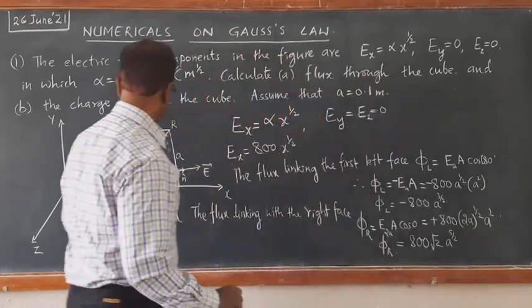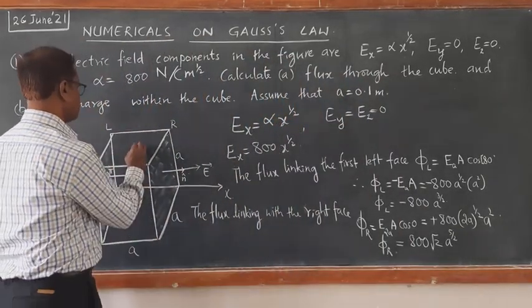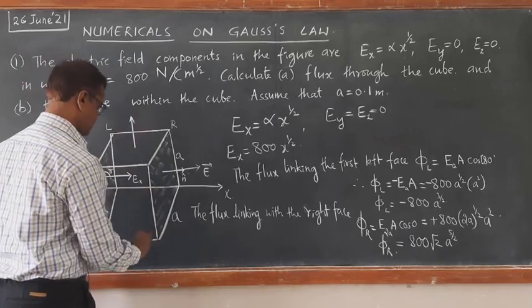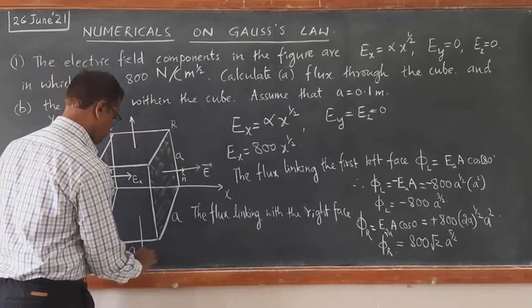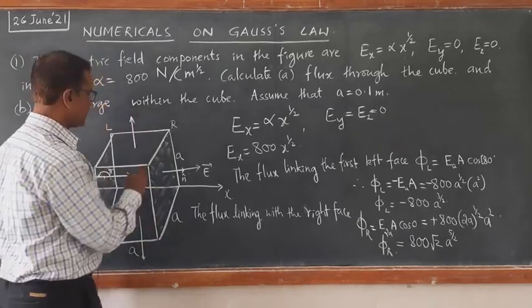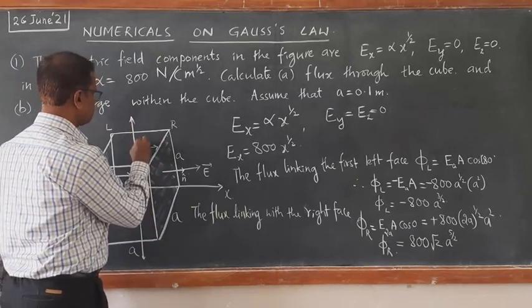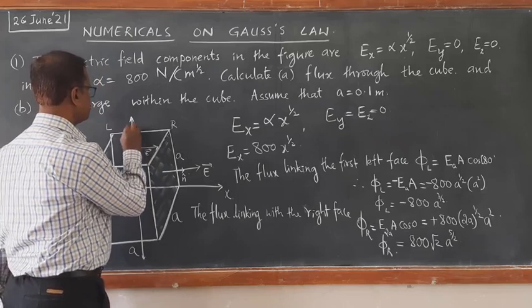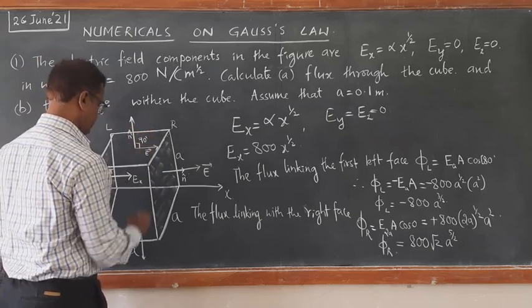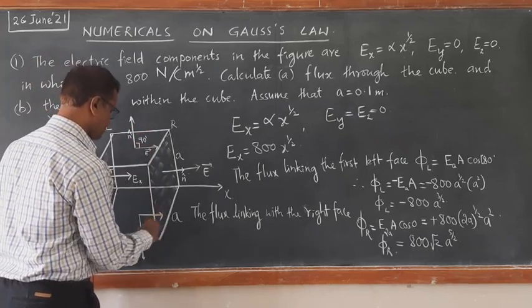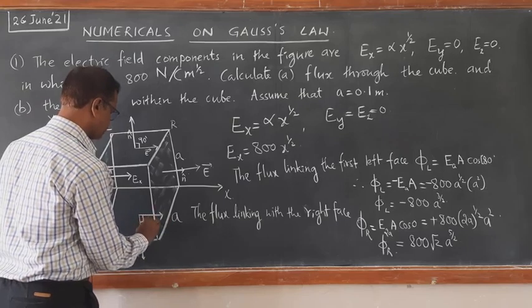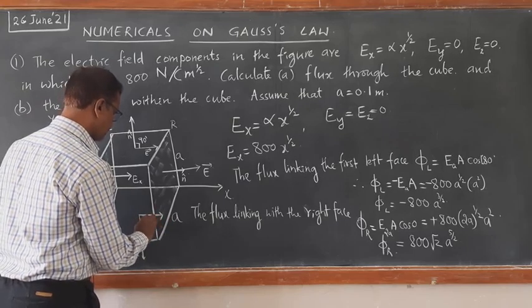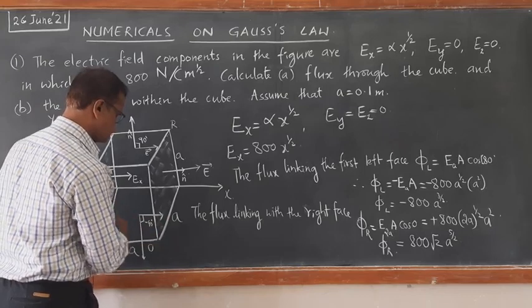Now in the same way, the flux linking with the top surface and bottom surface is 0, because the angle between the electric field and the normal here is 90 degrees, and here of course minus 90 degrees. The flux contribution is 0 here.